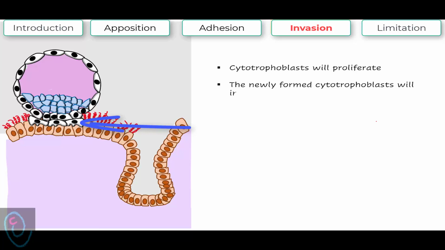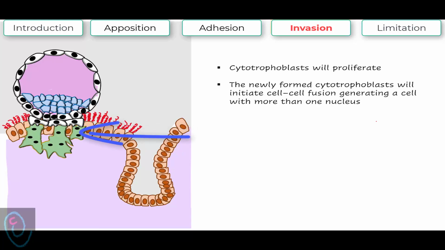The newly formed cytotrophoblasts will initiate cell-to-cell fusion, generating a cell with more than one nucleus. This multi-nucleated layer is called the primitive syncytial trophoblast.